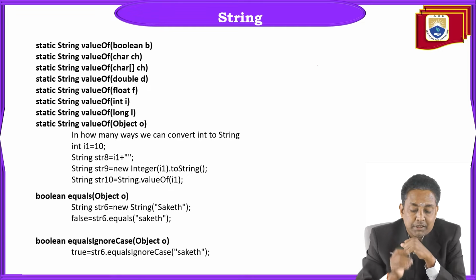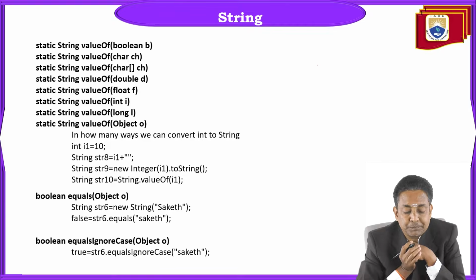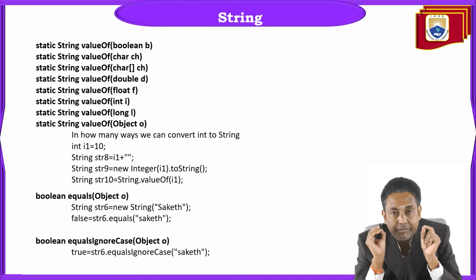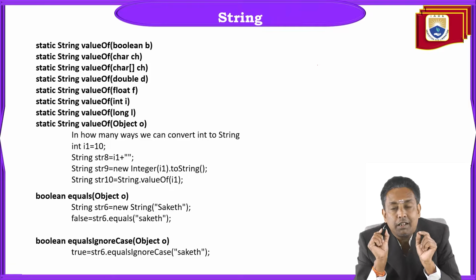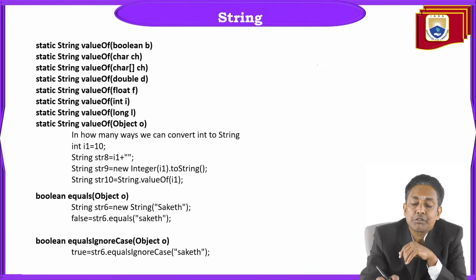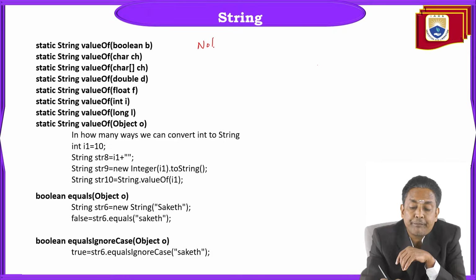Coming to the equals method and equalsIgnoreCase method. In every class, one more very, very important method is equals. Because the context came, I'll explain about the equals method here. And also one more important note you have to remember.